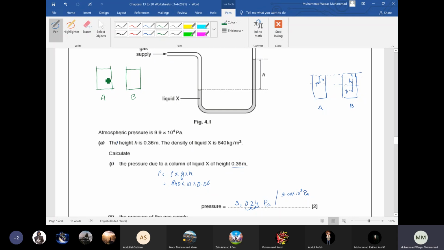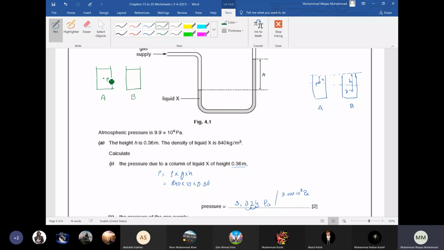Let's say we have a point here, let's call this point P. There is a certain pressure there. Liquid A exerts a certain pressure at point P, right? Right or wrong, beta?